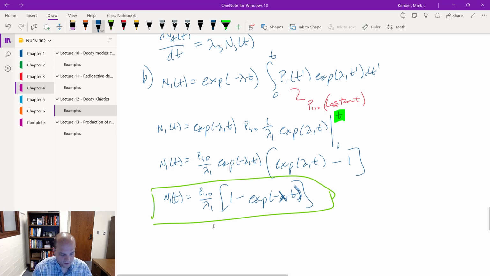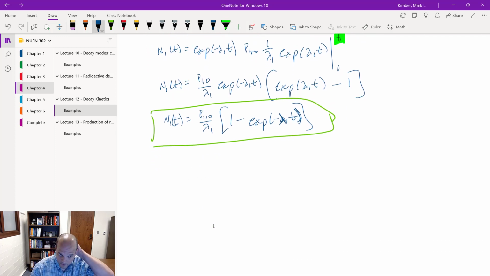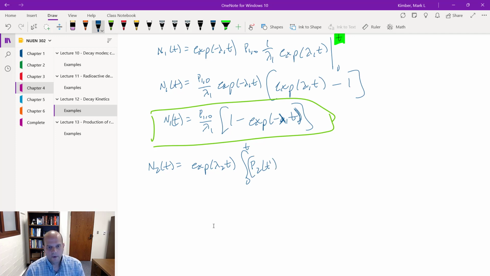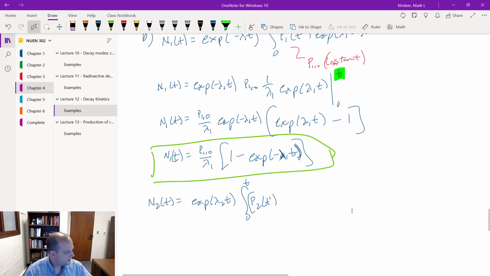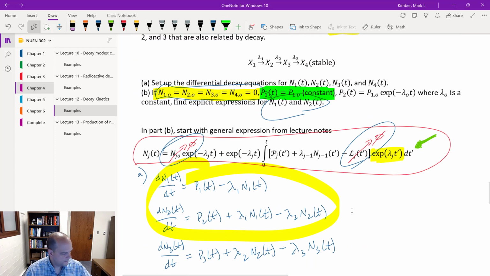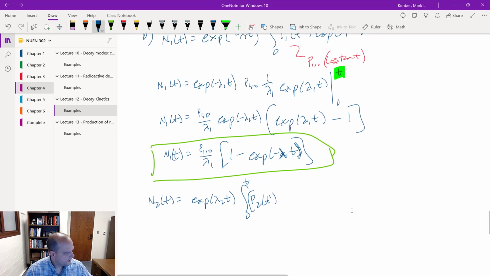And we'll do the same thing now for N2. N2 of t. That first term again drops out because I don't have any initial inventory of isotope 2, so this will be the exponential of minus lambda 2 t. And then I've got this integral from 0 to t of P2 of t, and then I've got my additional term in there, this lambda 1 N1 of t from the preceding parent.